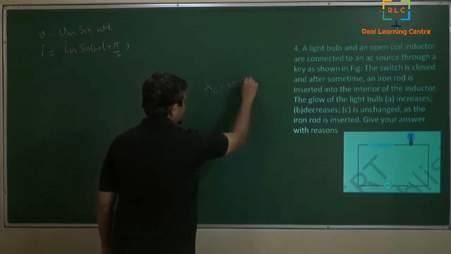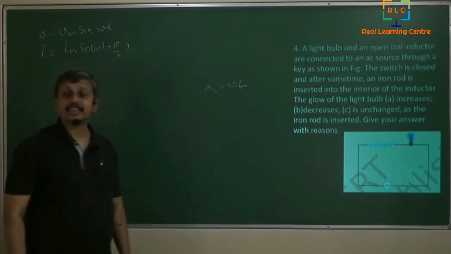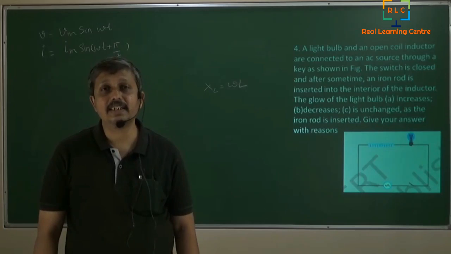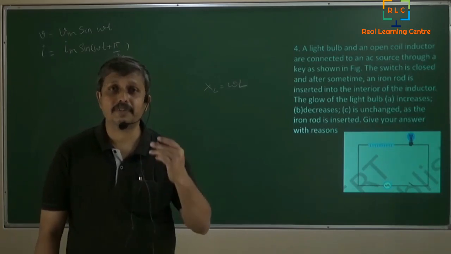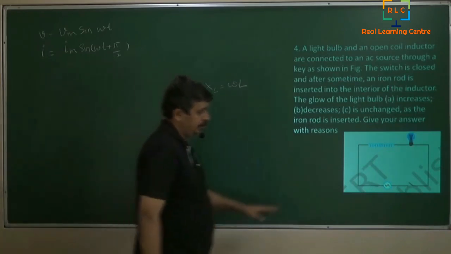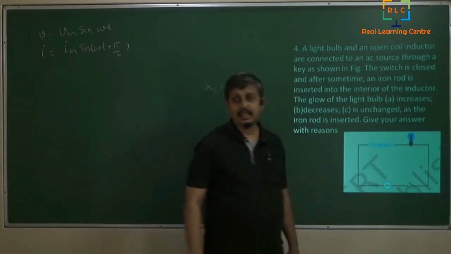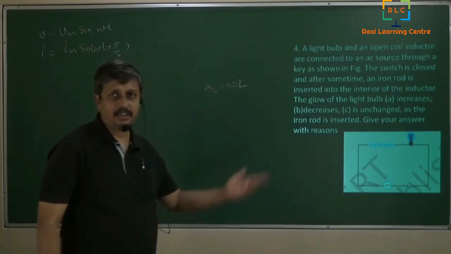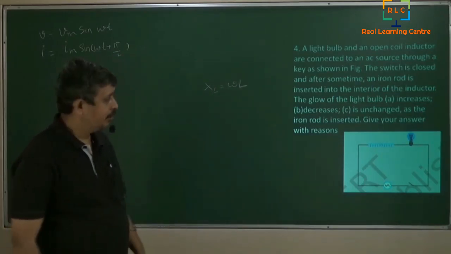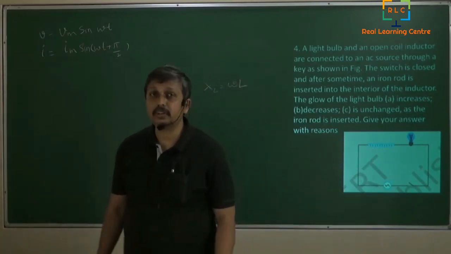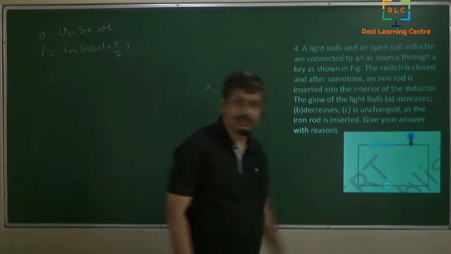This L will increase, which means inductive reactance increases. So what will happen? Here there is already a resistance. The lamp has a certain resistance and some current is flowing through it, so it lights up. This is an AC, so inductive reactance increases.